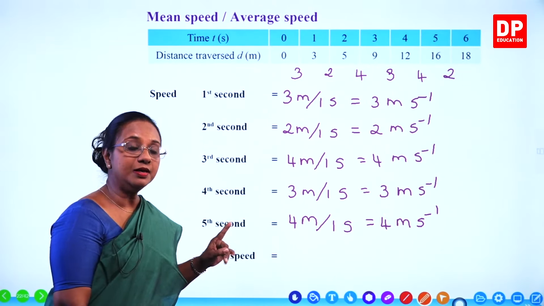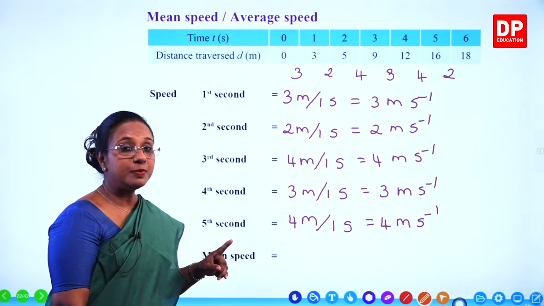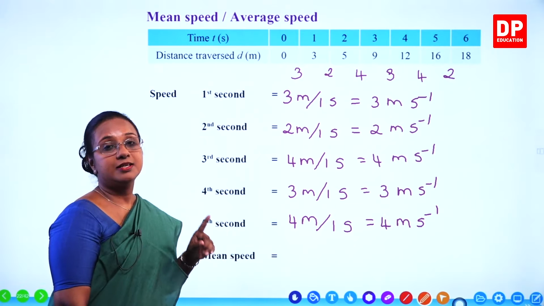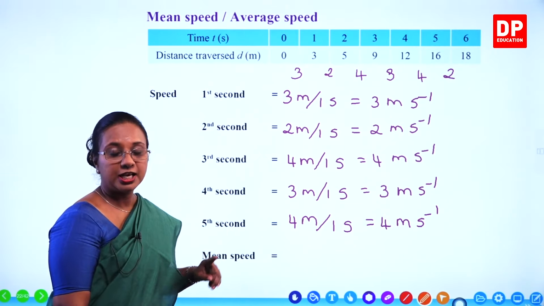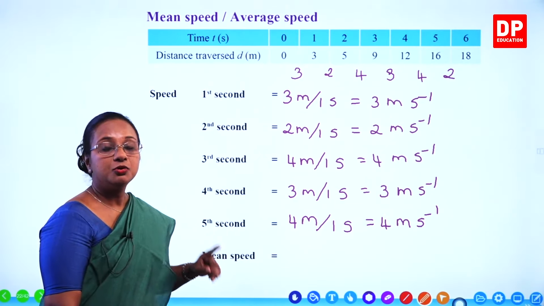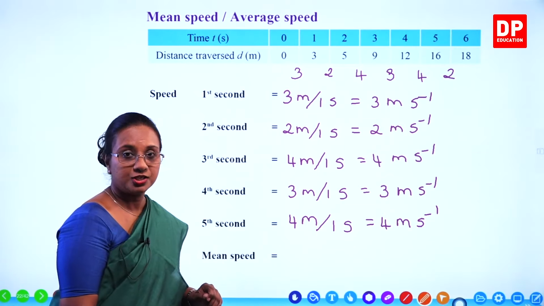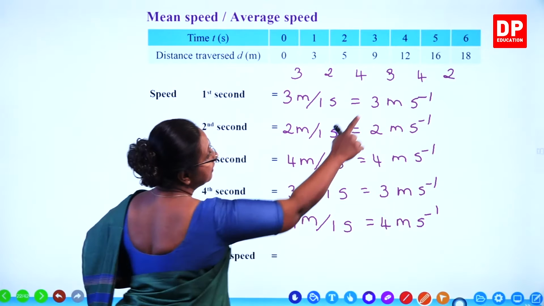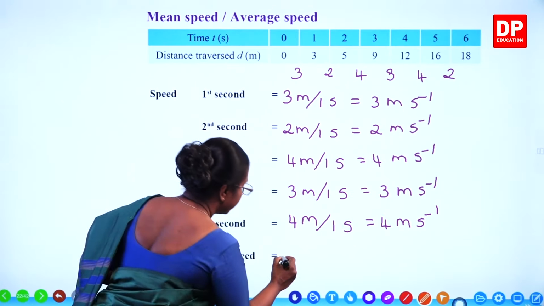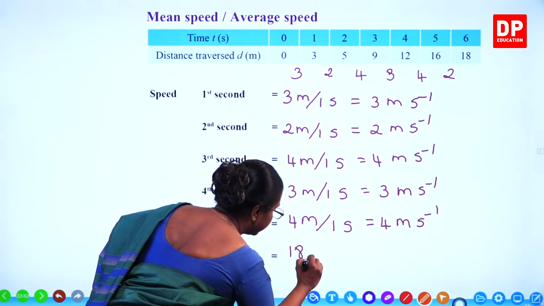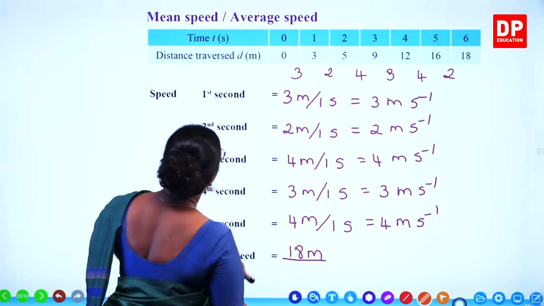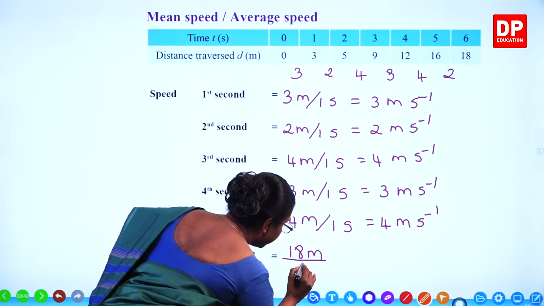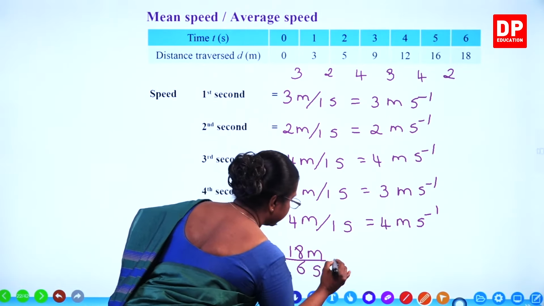As you remember, the equation for mean speed, what is it? It is the total distance traversed by an object divided by the total time duration. So here, if we calculate the mean speed, the total distance traversed will be 18 meters divided by the total time taken, 6 seconds.